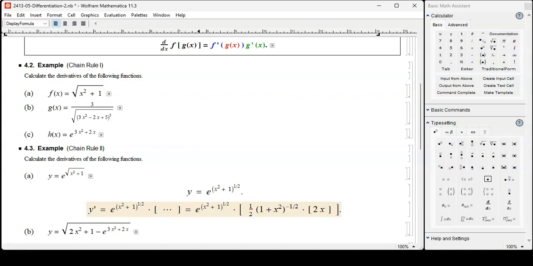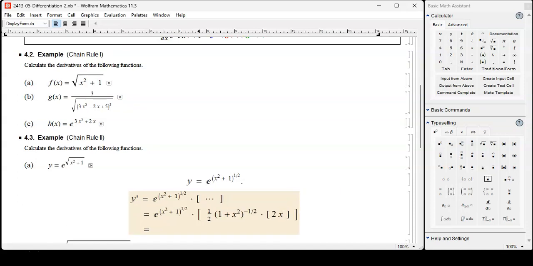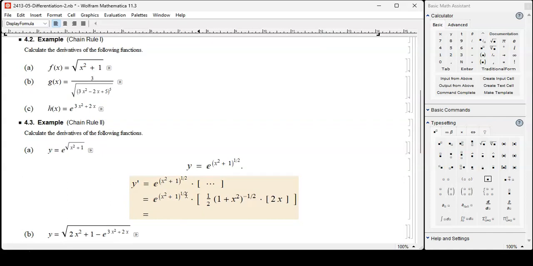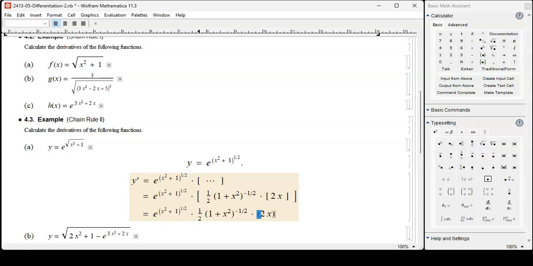So what did we end up with? Outside, and then the inside, the derivative of the inside, and the derivative of the still-inside.